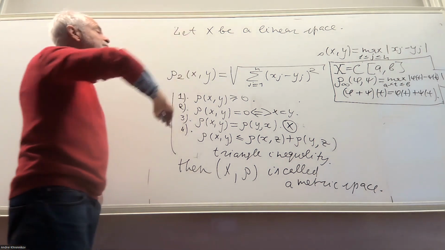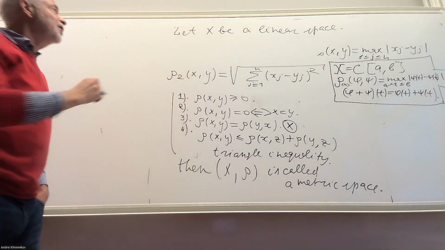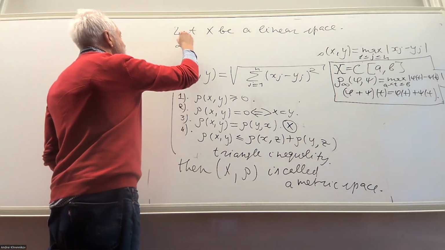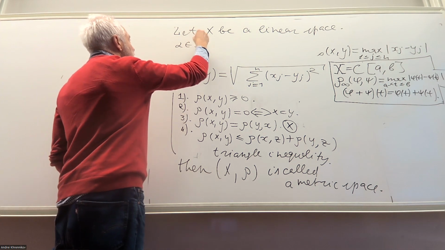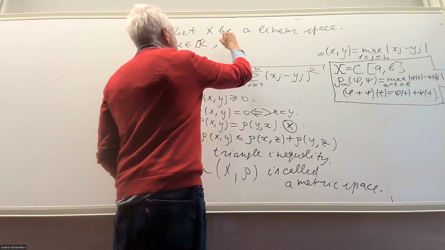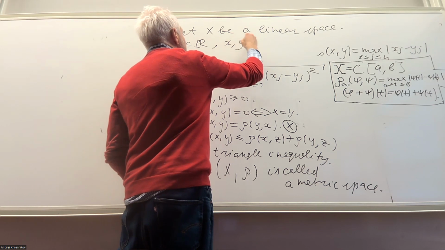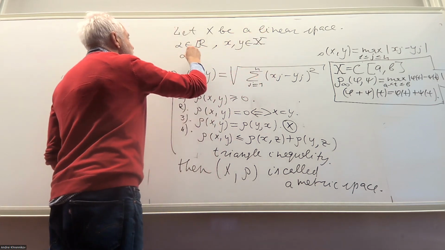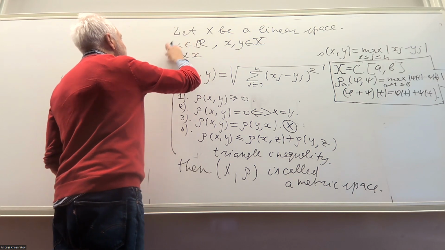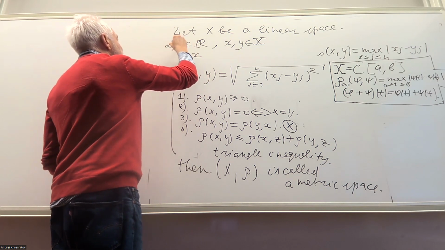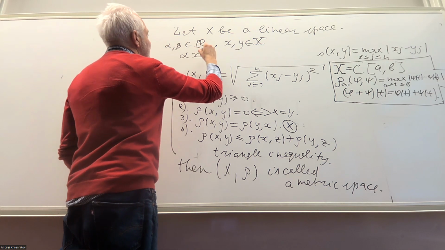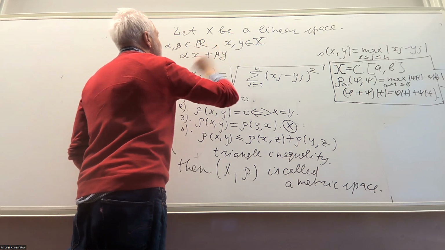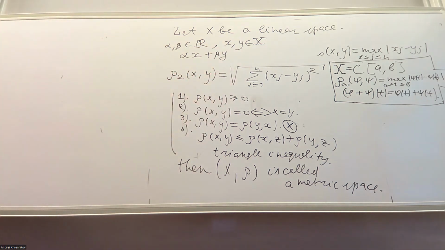I will not list all axioms of a linear space, but for any numbers alpha, beta, which are, for example, real, and any two vectors x, y from X, we can write the linear combination alpha x plus beta y, and it is a new vector.